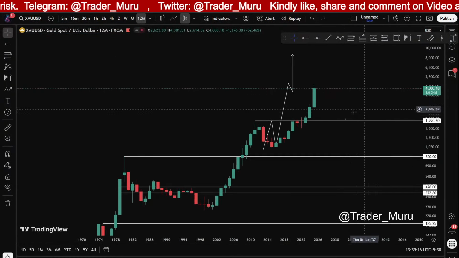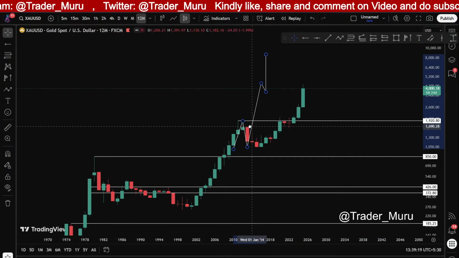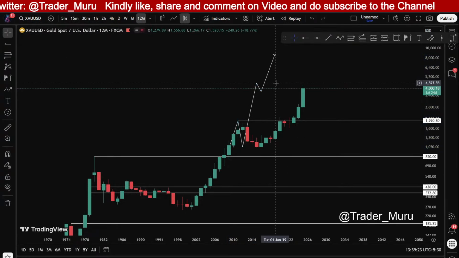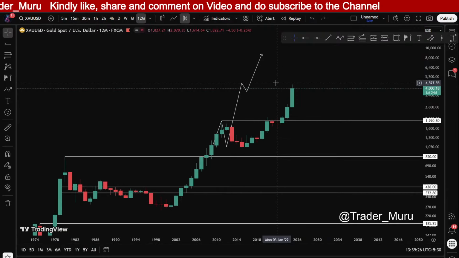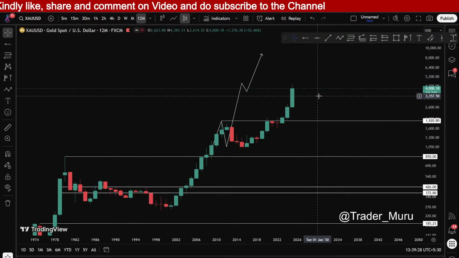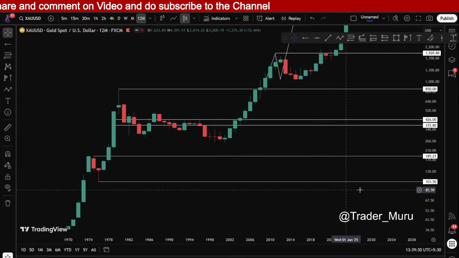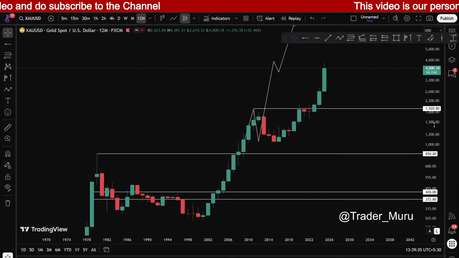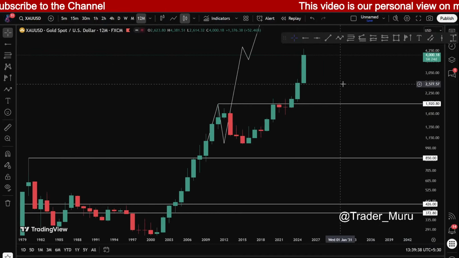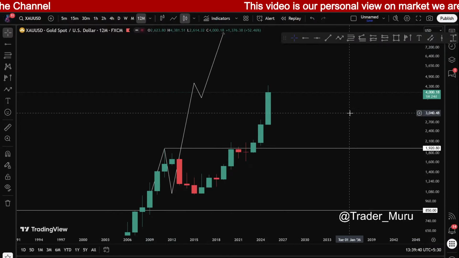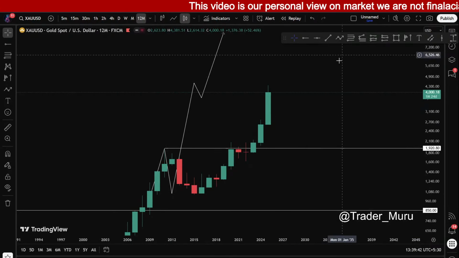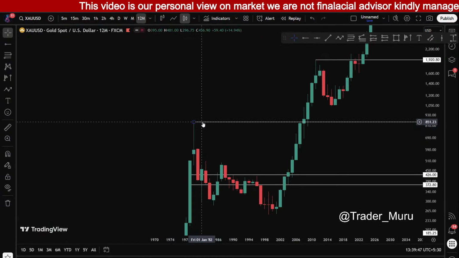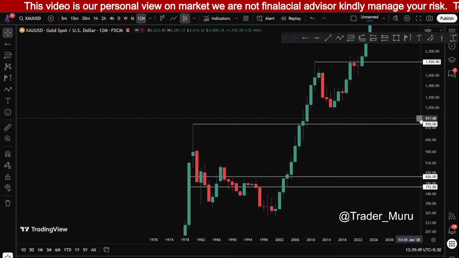In the monthly chart, near about from here it can test. What was the last price? Here was 372. So near about 3600 to 3700, price will again pump and the target will be, what is this? The high 850 times 10.